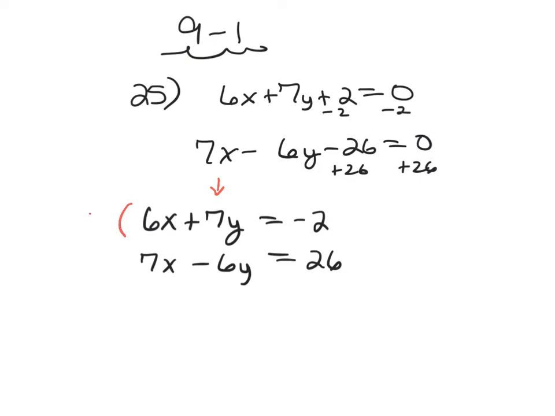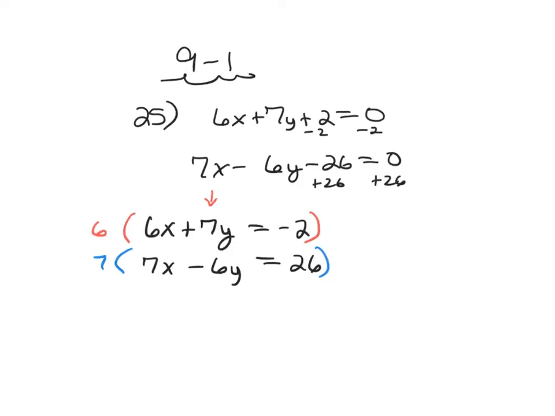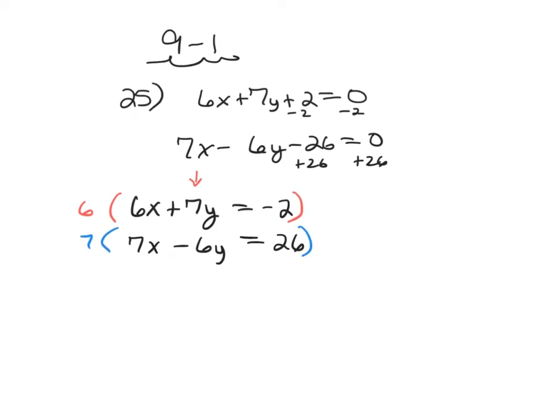So I'm going to multiply this equation by a 6 and this equation by a 7. So once I do that, the new red one becomes 36x. Then I have to distribute it to everything. Don't forget about the answer. That's a common mistake. People forget to distribute it to that answer over there, that C term.